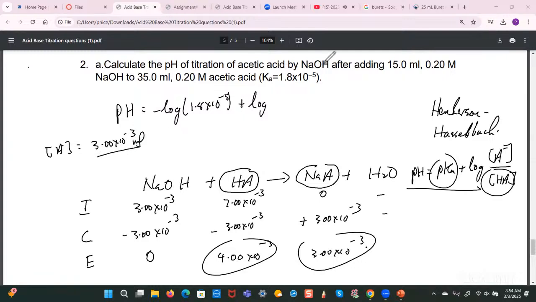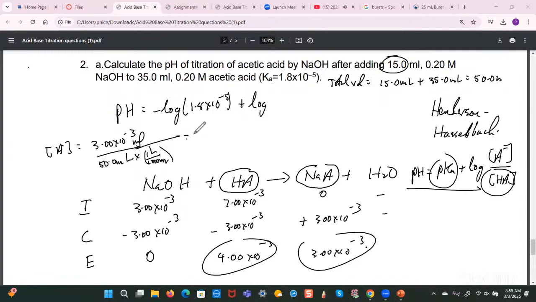The concentration of A minus is 3.00 times 10 to the minus 3 mole divided by the volume. What's the volume? We need to find the volume, so let me do that here. Total volume is equal to 15.0 mL plus 35.0 mL. So that's going to be equal to 50.0 mL, right? So we're going to put 50.0 mL here, multiplied by 1 liter over 1,000 mL.